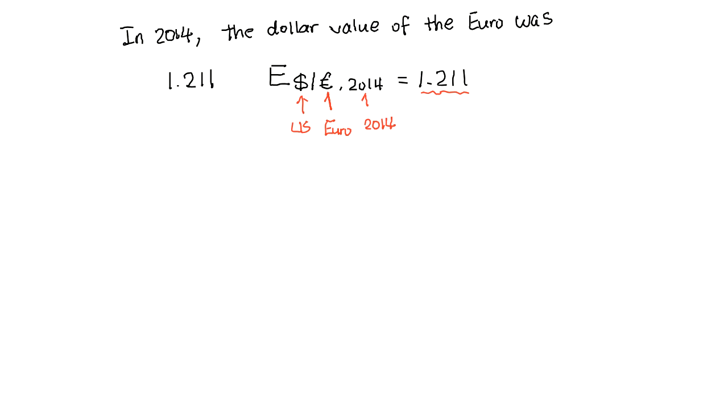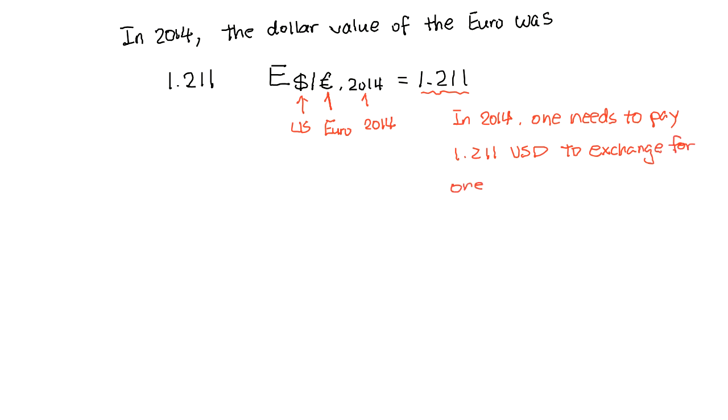In 2014, one needs to pay 1.211 US dollars to exchange for 1 unit of euro, right?